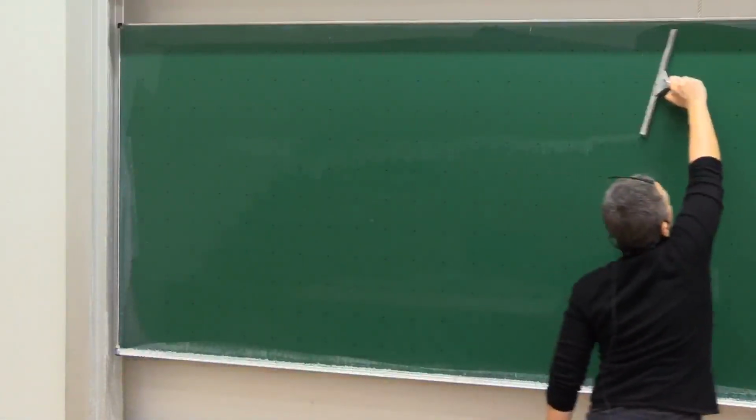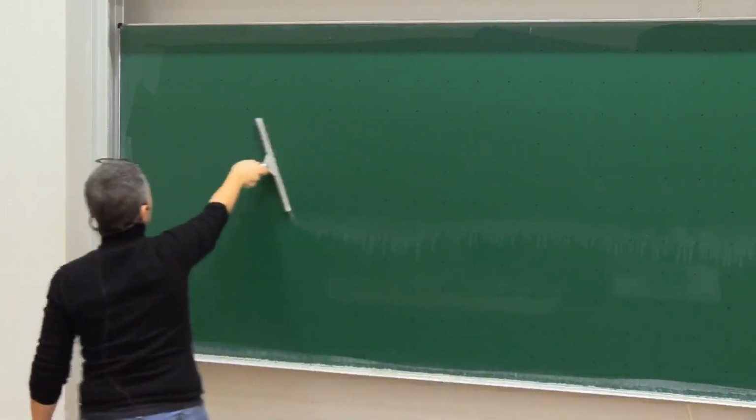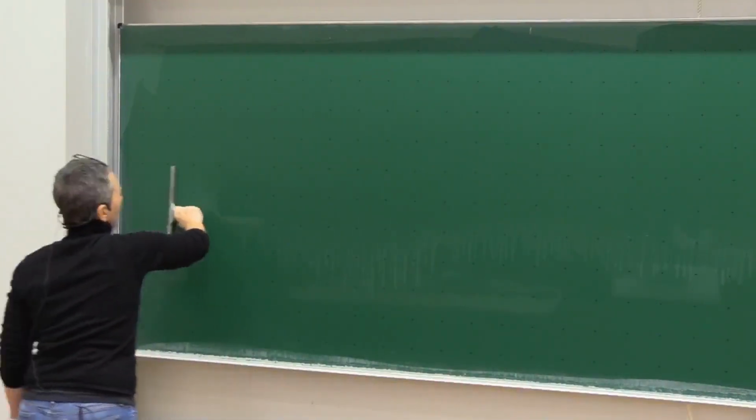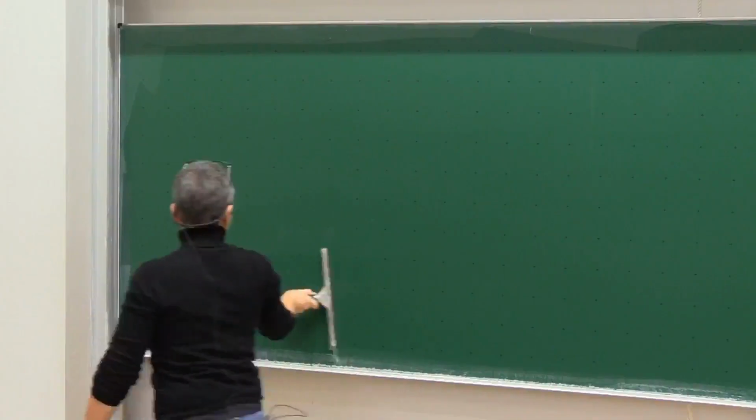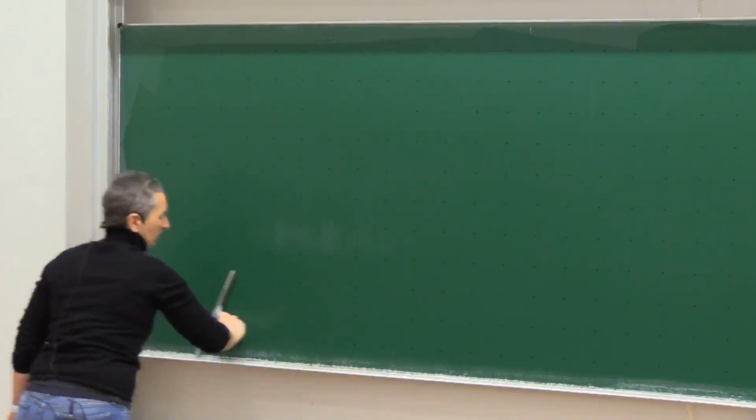So what we have proved so far is that A is equal to B. In the proposition there was a moreover part, and that is what I will show you in a moment.